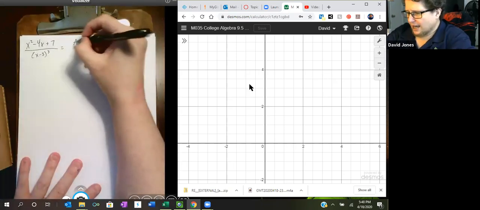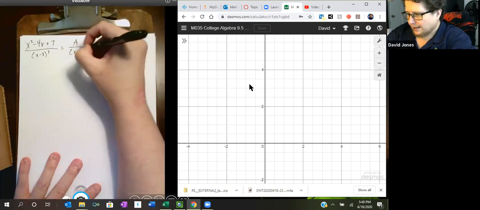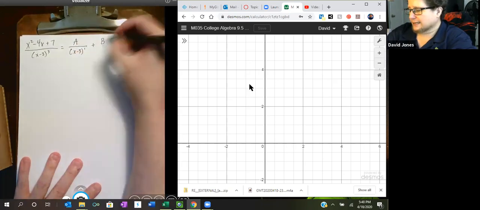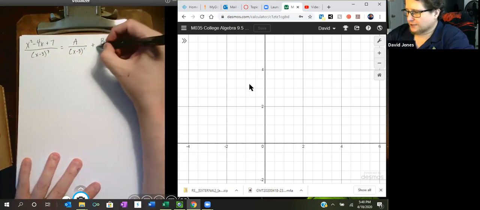We're going to have A over x minus 3, the first power. I'm going to use B and C because the subscripts can get confusing.